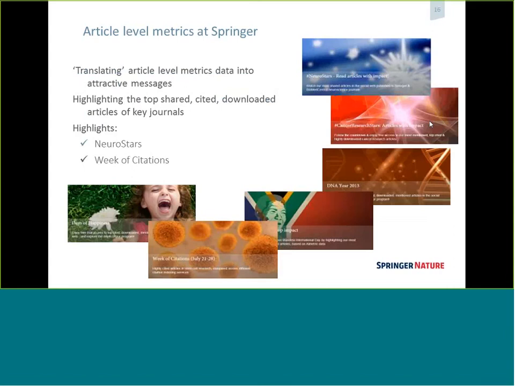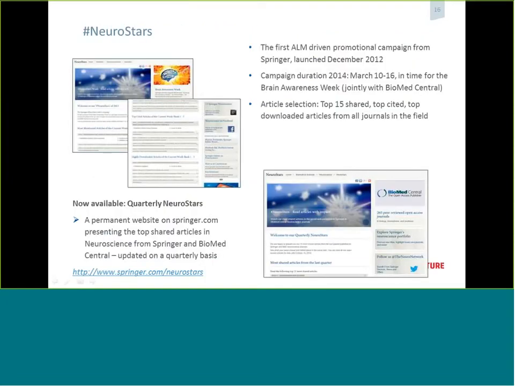Rather than focusing on the impact factor of the journal, we started to focus on the top cited, top downloaded, and top shared articles in key journals. You see a couple of examples of the campaigns we did over the years. And here you see one example, the Neurostars, where we have the top cited, downloaded, and mentioned articles for a certain period, for example, the year 2014.